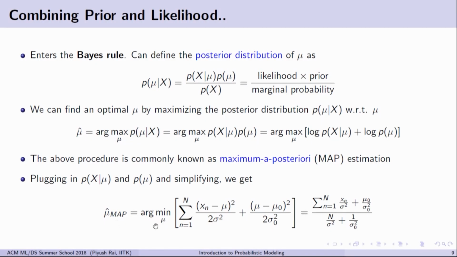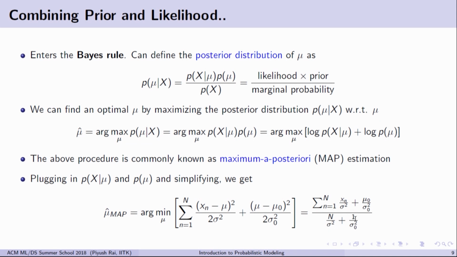Just to summarize, the MAP estimation problem for mu will have an argument of this objective, and the solution looks like this. Pay attention to this form. We have a term in the numerator that looks like the sum of all the observations divided by sigma squared plus mu 0 divided by sigma 0 squared, divided by n by sigma squared plus 1 by sigma 0 squared.